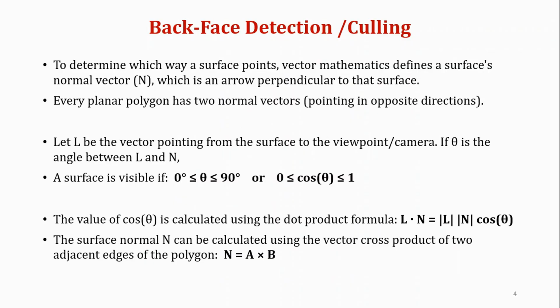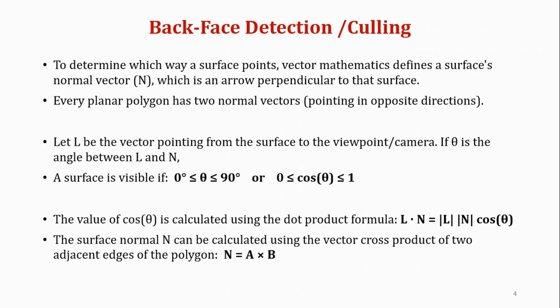A surface is visible when 0 degrees is less than or equal to theta, which is less than or equal to 90 degrees. So theta should lie between 0 and 90 degrees, or cos theta lies between 0 and 1.